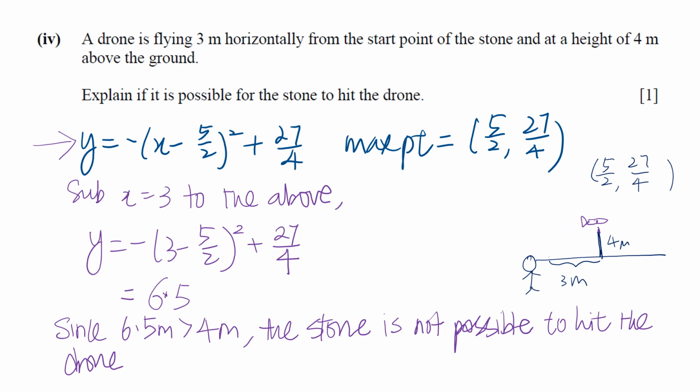At 3 meters, the stone is here. I'll use a different color. The stone is here. The stone is 6 meters. Okay, I am the stone. So it's actually above your drone, so the stone is not possible to hit the drone. Full stop.